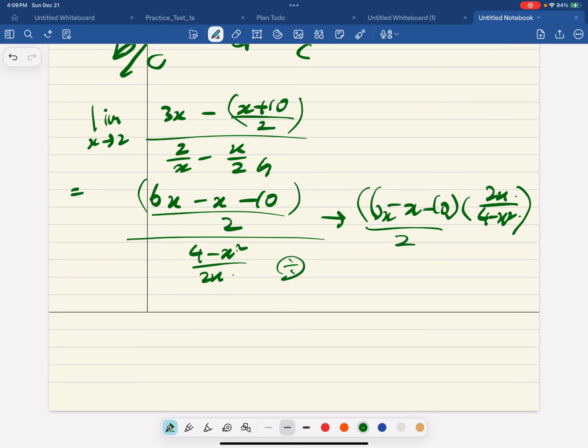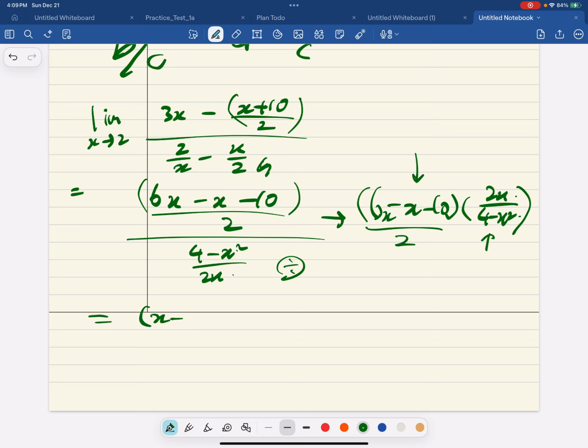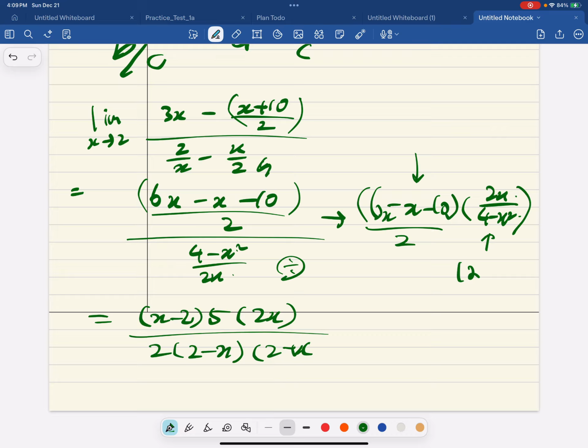By doing this, you can just simplify this one, simplifying that one. And what happens here is x minus 2, 5, take out the 5, 2x remains. And 2 minus x, 2 plus x, because 4 minus x squared is a difference of squares. That becomes 2x, 2 minus x, and 2 plus x. And by simplification, you can always scratch out things.